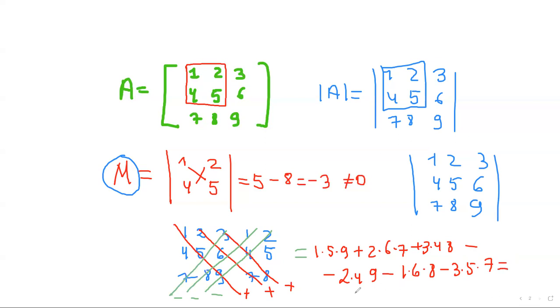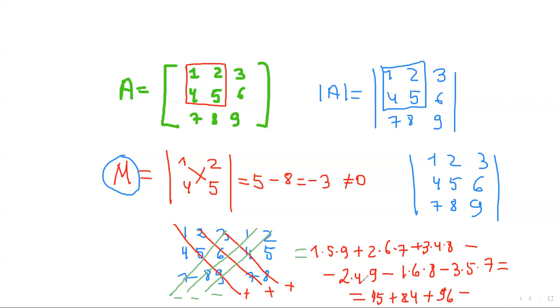Let's calculate. It's interesting for me. Are we going to get 0 here or not? 1 times 5 times 9 is 45, plus 2 times 6 times 7 is 84, plus 3 times 4 times 8 is 96.